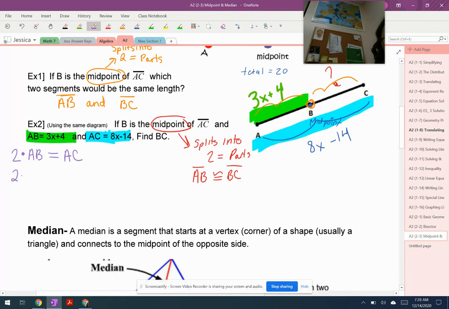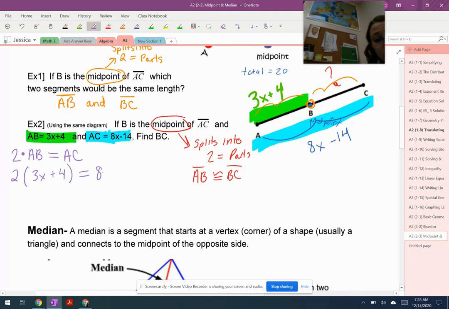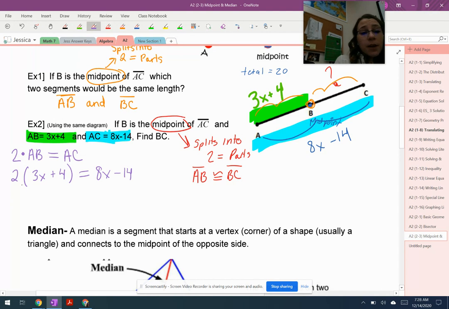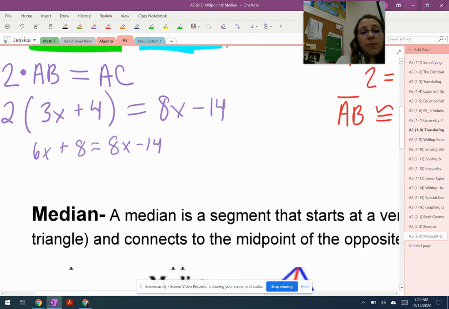So 2 times AB, which they told me was 3x plus 4, notice the way I'm using parentheses, is equal to AC, which was the 8x minus 14. All right, so now you do the math. 6x plus 8 is equal to 8x minus 14.